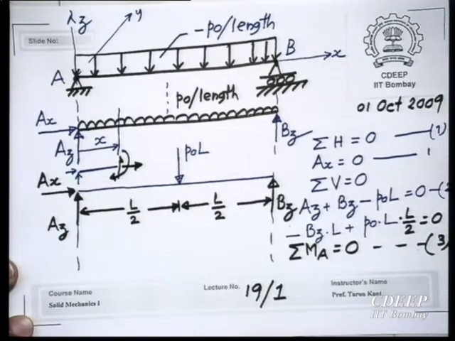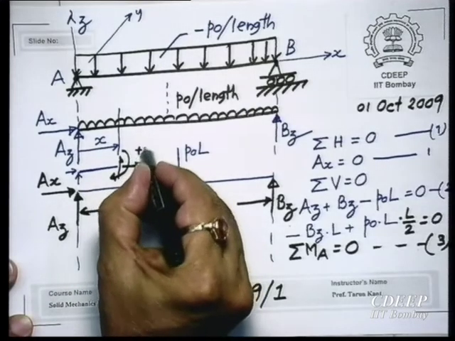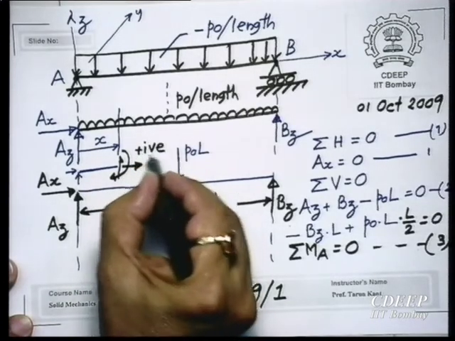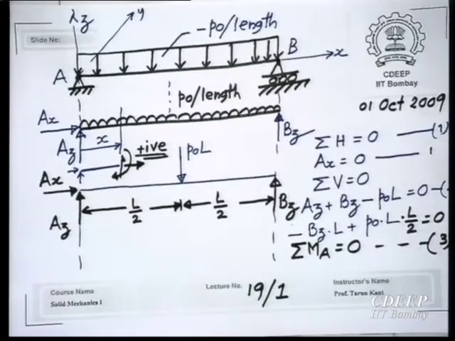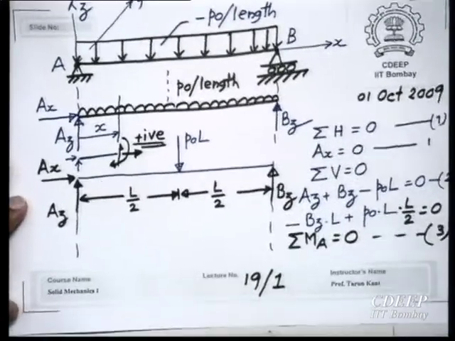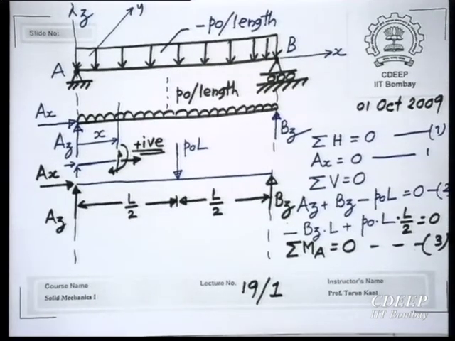This is my sign convention which I took. So, this is positive. So, I will retain this, that at any cross section you have. So, we have to study the variation of bending moment, shear force, and axial force along the length of the member.